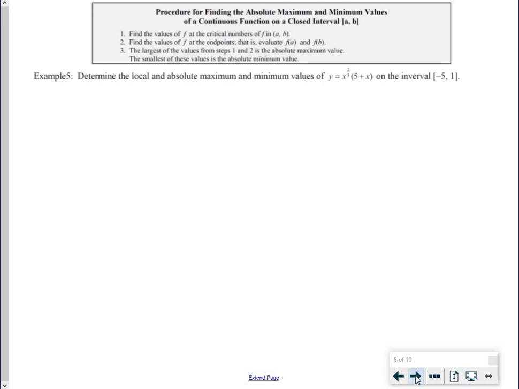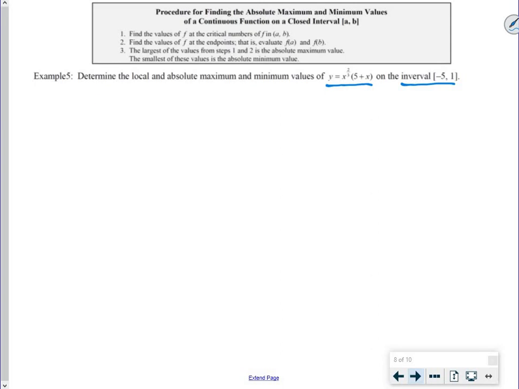We're going to find the absolute max and min values of this. If we're restricting our attention to an interval, we should probably figure out the end behavior, and we should do our normal procedure: take the derivative of the function, figure out when it's equal to 0, and see if there's any local max or mins happening.